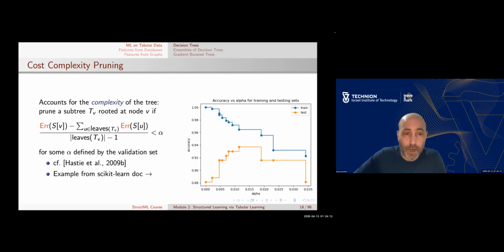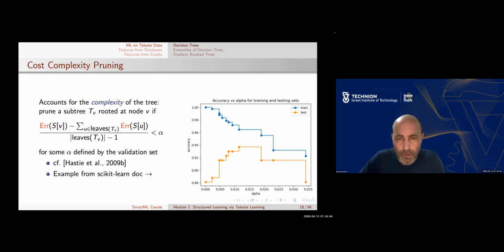What is my gain? Well, I also normalize it by the number of leaves, which you can think of as a way of measuring the complexity of the tree. If I'm not losing too much, then I decide to collapse. What does too much mean? Well, I use some hyperparameter alpha to help me decide whether I'm losing too much or not.